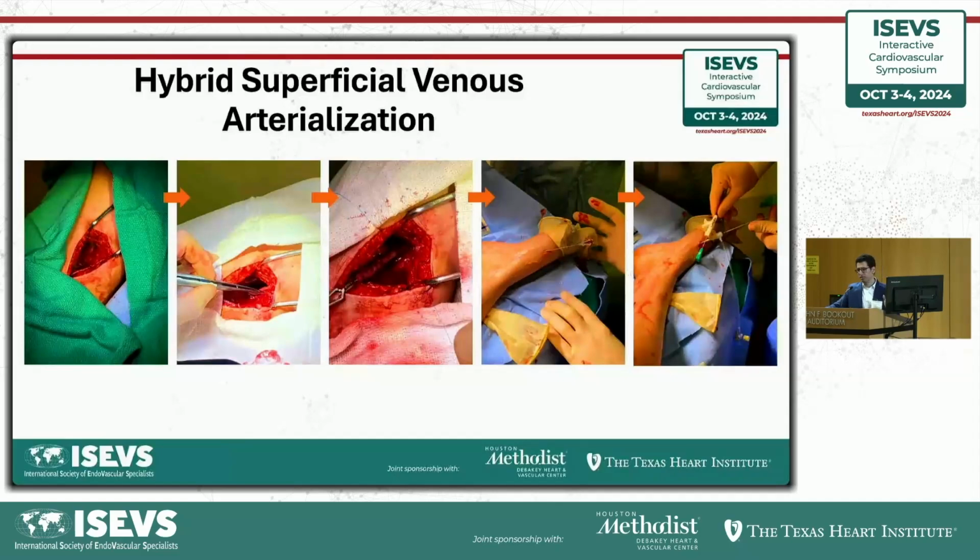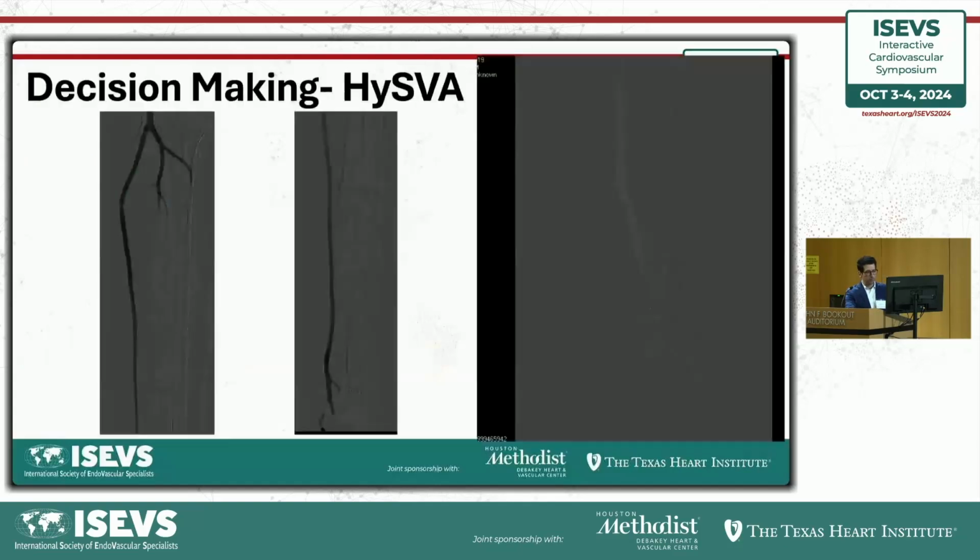After that has been completed, usually there are some large branches that are going to be stealing flow. We try to identify those on ultrasound and ligate them. Then we bring the patient back for angiography for any additional coiling that may be needed, because we have to control the flow on these fistulas that we're creating so they're not stealing flow from the native system. Those are some judgment calls that we make on angiography.